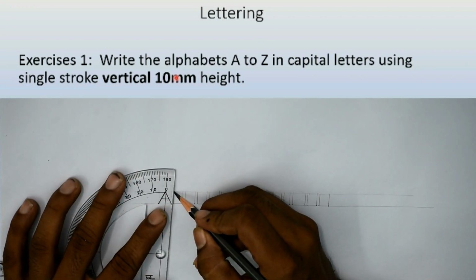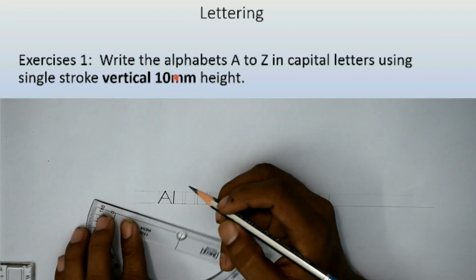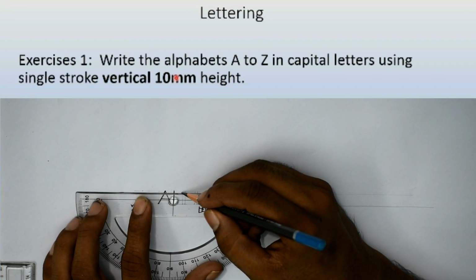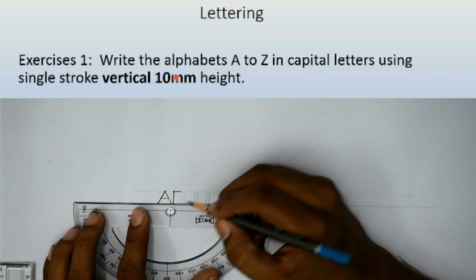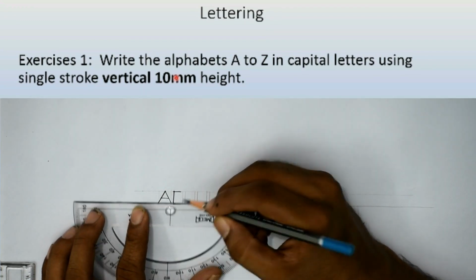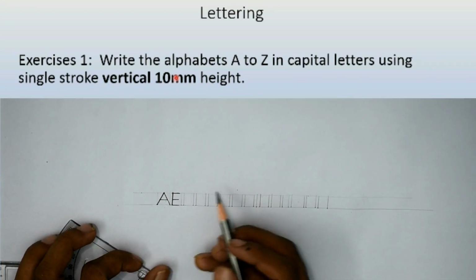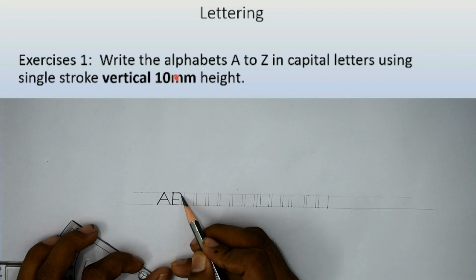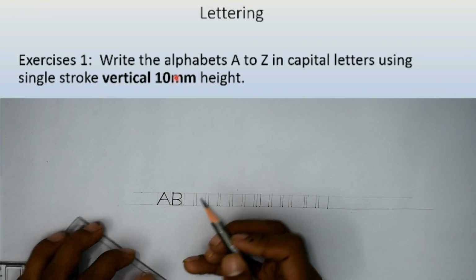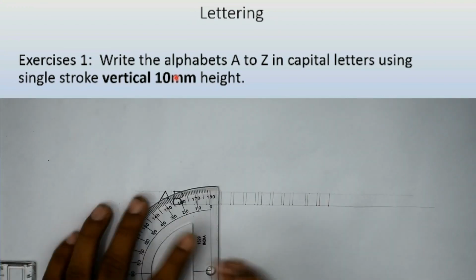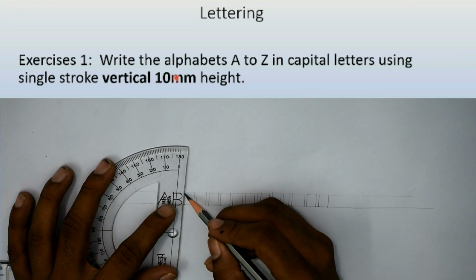Like for example, for B, this will be a vertical line, and this portion will also be straight. And you see that this curve should touch the line which we have drawn. This curve should touch the line.